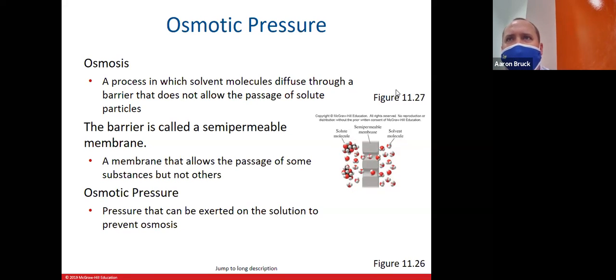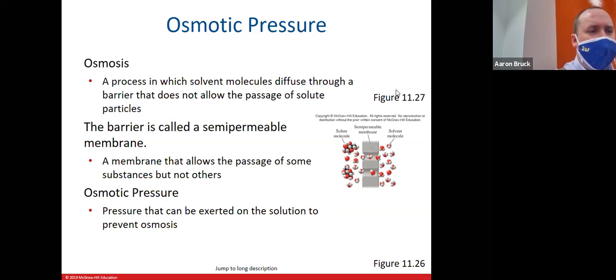Any of you that have taken biology in the past have some understanding of osmosis from a cellular standpoint. You think about a plant or an animal cell, water is exchanged from that cell membrane to the outside of the cell or to the inside of the cell, depending upon the environment.